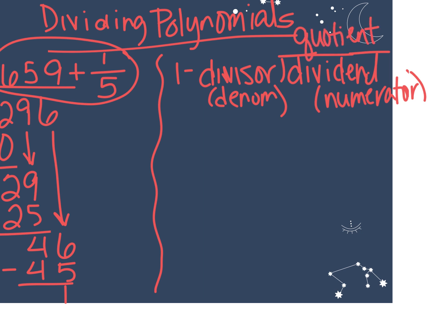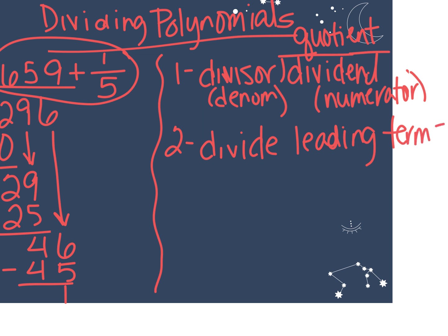Okay? So we set it up, and then we started looking at, we needed to divide. We said 5 didn't go into 3, but 5 went into 32. So we are going to start always, always, always with what we call those leading terms. Divide your leading terms.